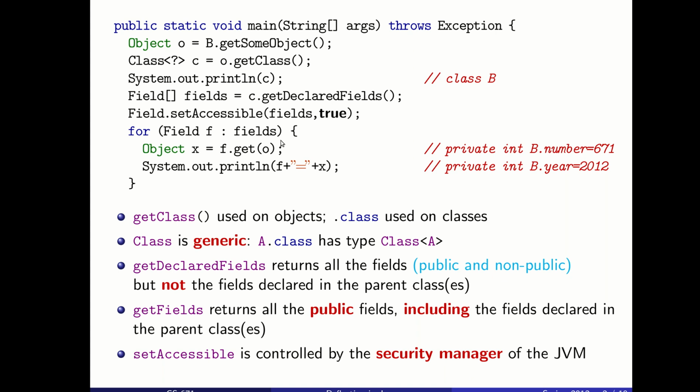So in just this example here, we were able to get the fields from a class based on an object of that type, and then change their access level and print out their details. Printing out F will print out the private int b.year and their actual values when we use get on those.